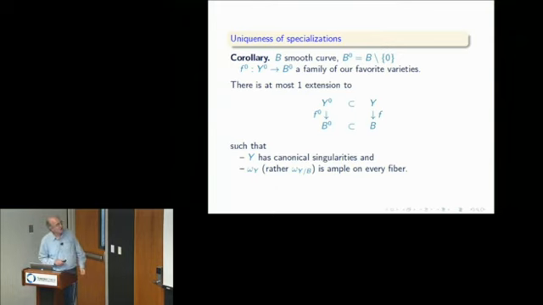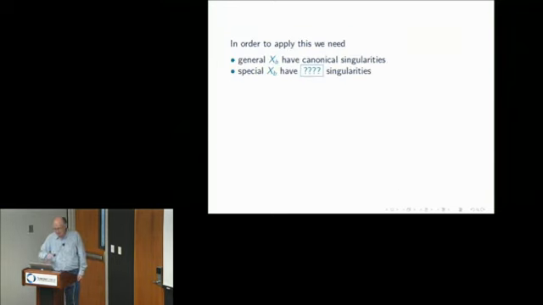Okay, so that means that if we would like to get a unique extension, then we would like to make sure that omega Y is ample on the fibers. This would be a fiber-wise condition that just says that for each fiber, omega is ample. And we have to make sure that the total space has canonical singularities. Okay.